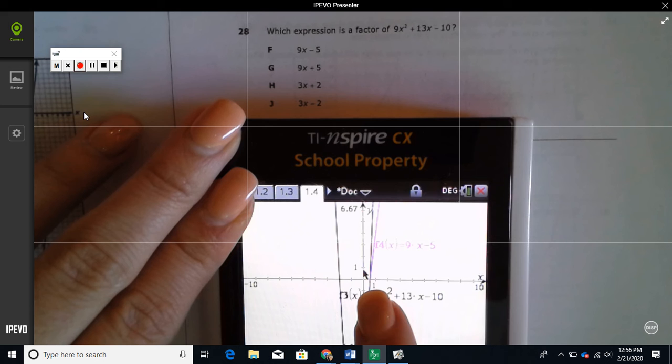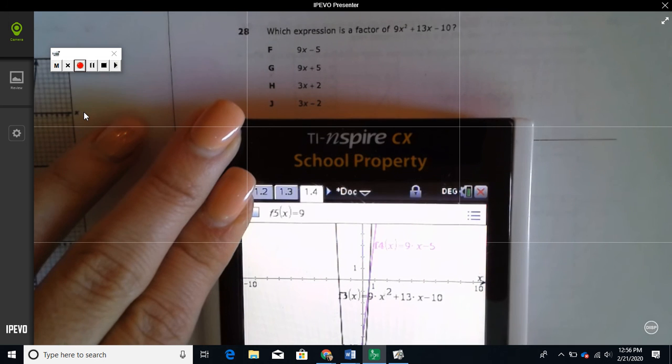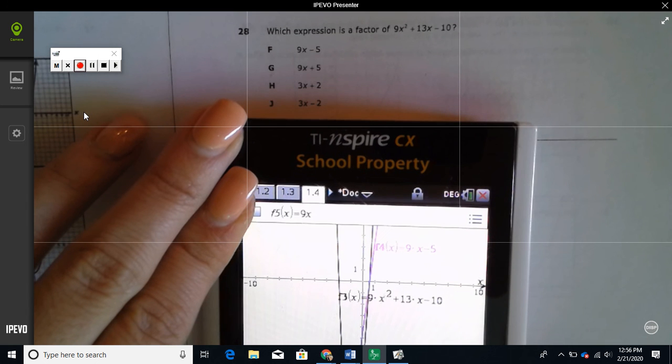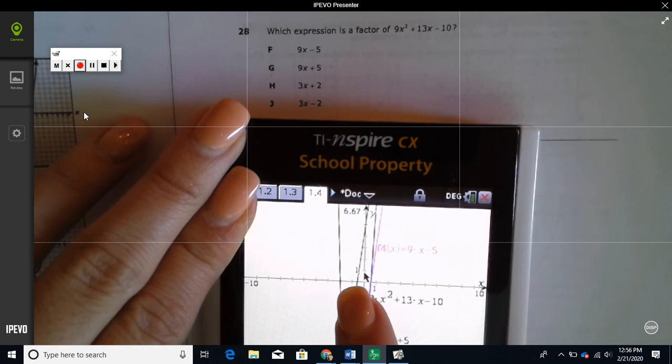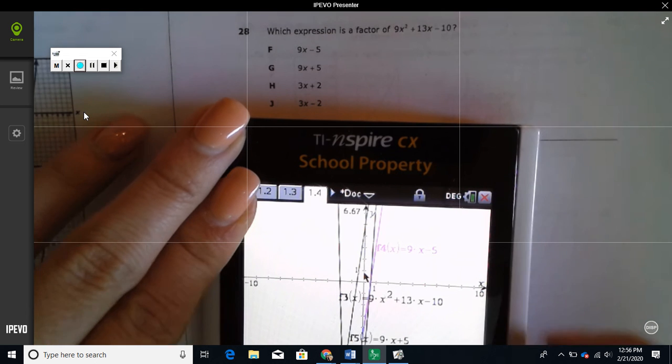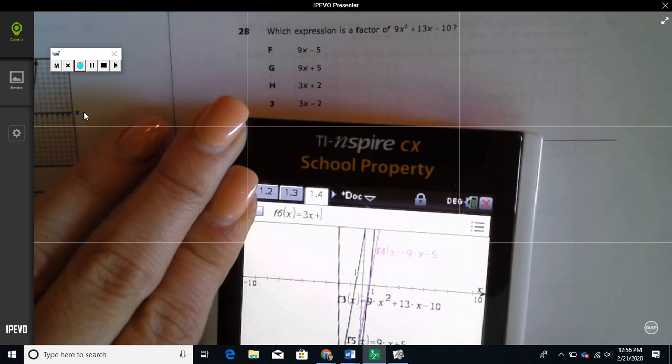I'll show you what the other ones look like so you can see what an answer would not look like. X plus 5. See, this green one doesn't go through the hearts. The heart is there and the heart is there. That would not be your answer. I'm going to type in the other ones so you can see. 3x plus 2. That one does not go through the heart.